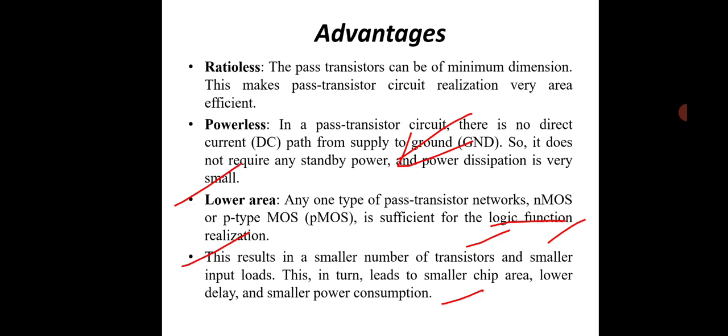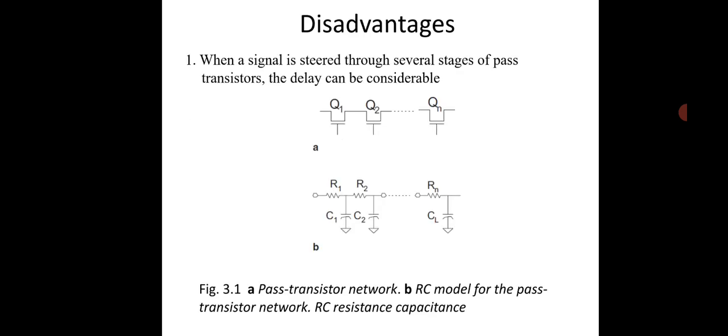And lower area compared to the remaining CMOS families. Pass transistor logic uses only one gate to realize the inverter, so it takes fewer components for the realization of the function and very little area. These are the advantages of the pass transistor.